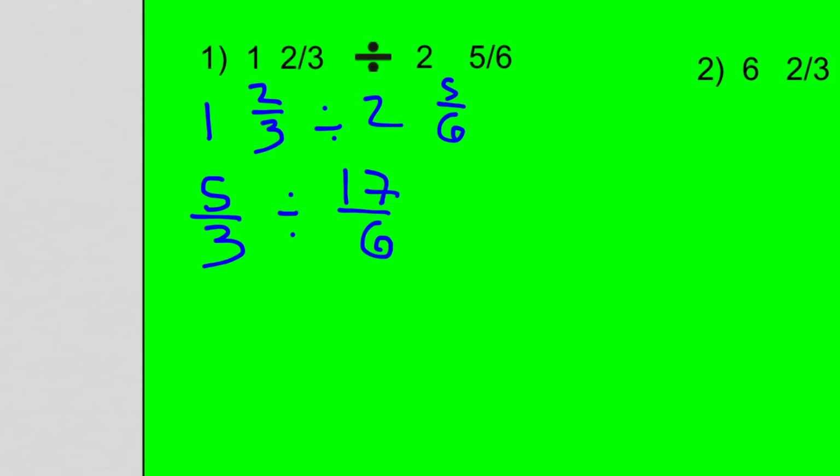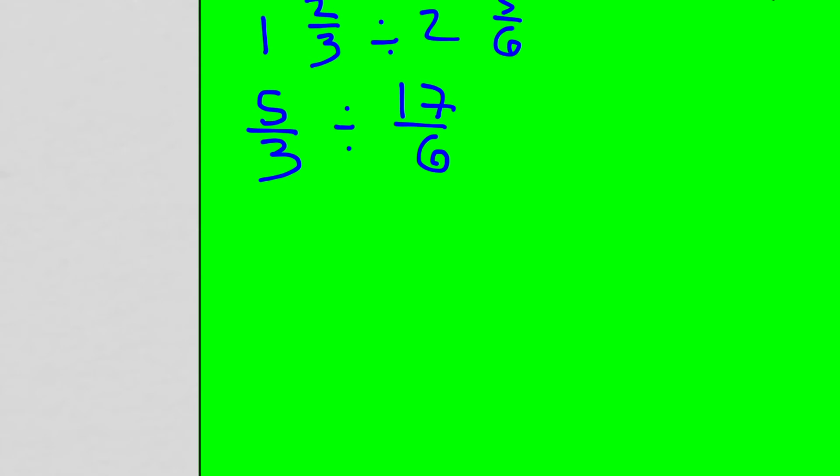So it's going to be 5/3 divided by 17/6. Now we're going to do keep, change, flip. Keep the first fraction the same. Change divide to multiply. Flip 17/6 to its reciprocal, 6/17.